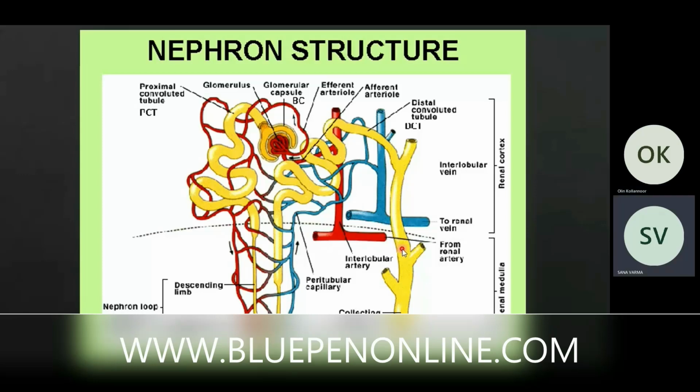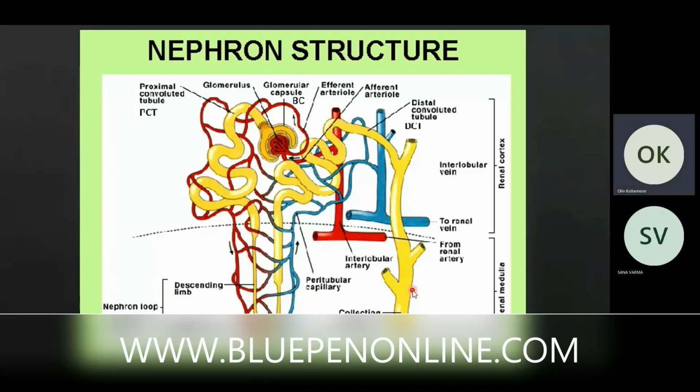But when our body experiences dehydration or decreased water content, the collecting tubule will become permeable to water by the action of a hormone called ADH, anti-diuretic hormone. Have you heard of that hormone? Yes. Okay.